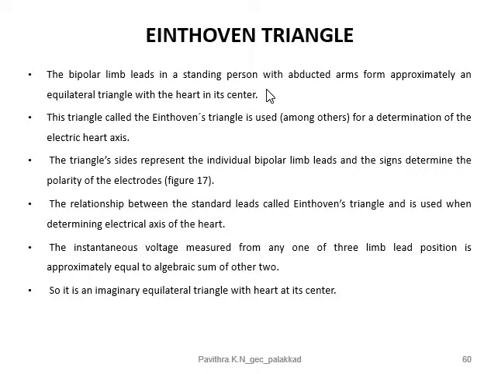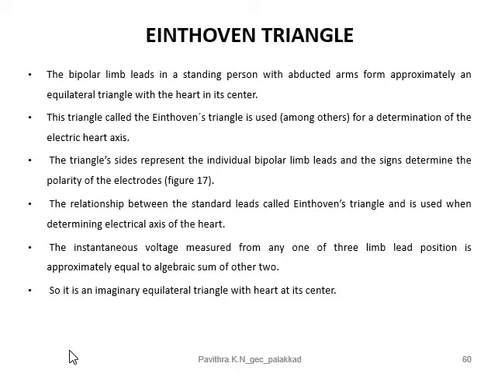In bipolar we have lead 1, lead 2, lead 3, and in unipolar we have AVR, AVL, and AVF. How all these 6 leads are interrelated can be determined from this Einthoven triangle. It shows the relationship between the standard leads.